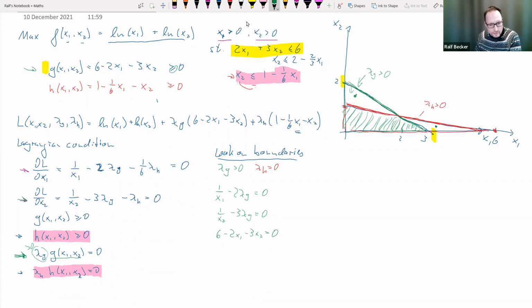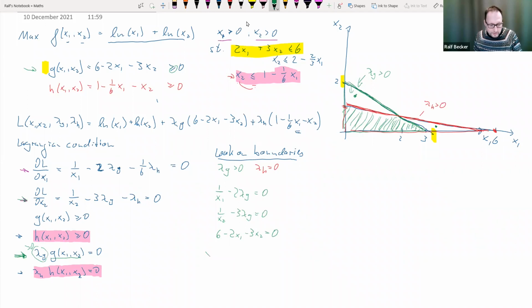Okay, so three equations, three unknowns. This can be solved. I'm not going to concentrate on the algebra here, because I want to concentrate on the big picture. I'll just tell you what the solution is, and of course, you at home can try and get this same solution given these three equations.